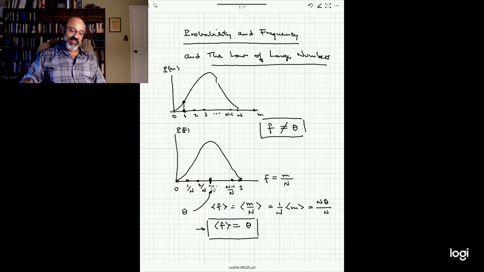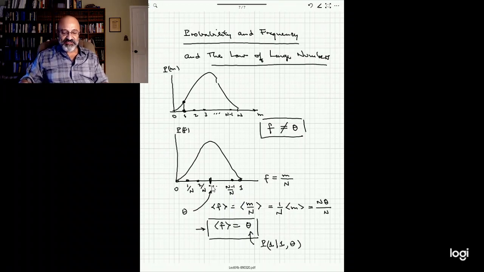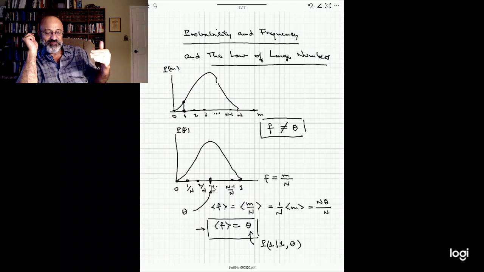Interesting. Does this mean, because this is a probability, it is the probability of getting one alpha in one trial when the parameter is theta, right? If this is true, could we possibly define probability as the expected value of the frequency?